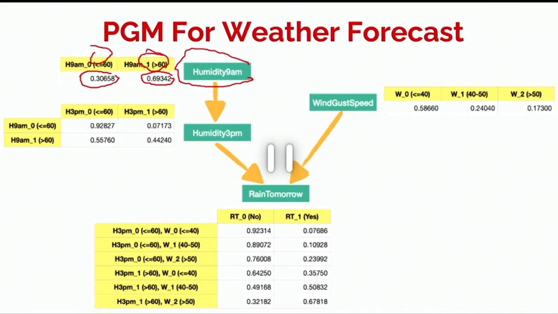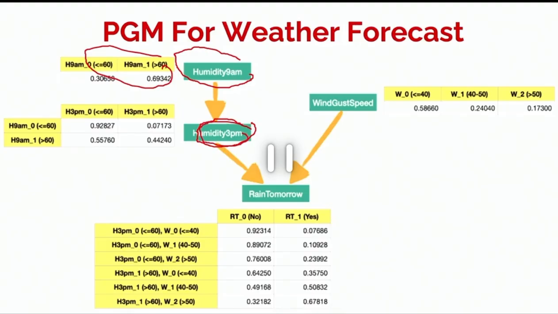Now, because humidity at 3 p.m. depends on the humidity at 9 a.m., I'm going to have 2 by 2, because this is 2 levels and this is also 2 levels. Then 2 times 2 is 4. I can talk about when humidity is low, what percentage of time. Humidity is low in the morning and also low in the afternoon 92-point-something percent of the time.